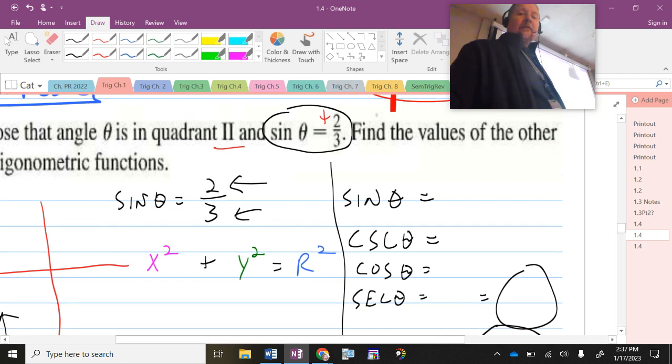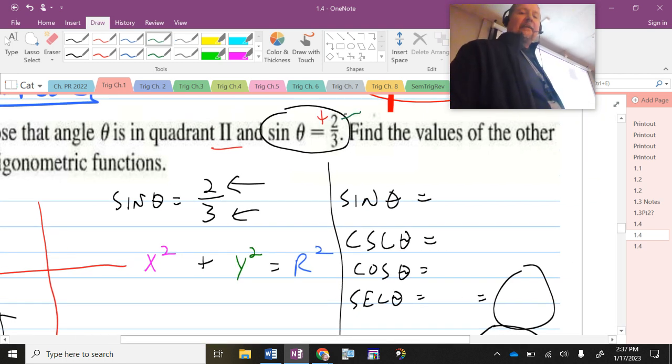By the way, this being sine, what side is this then? And what side is that? I'm talking about opposite, adjacent, hypotenuse. So what is 2? Opposite, adjacent, or hypotenuse? Opposite. How are they getting that? So what does the 3 represent? Hypotenuse.